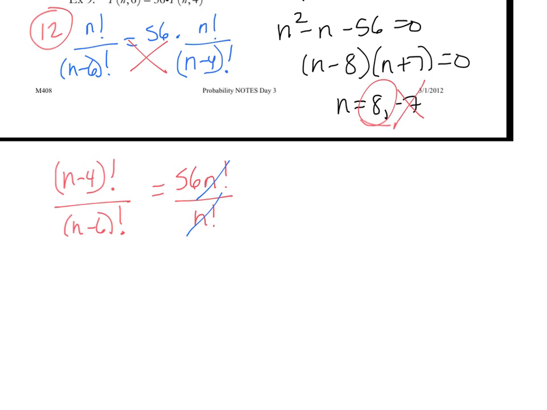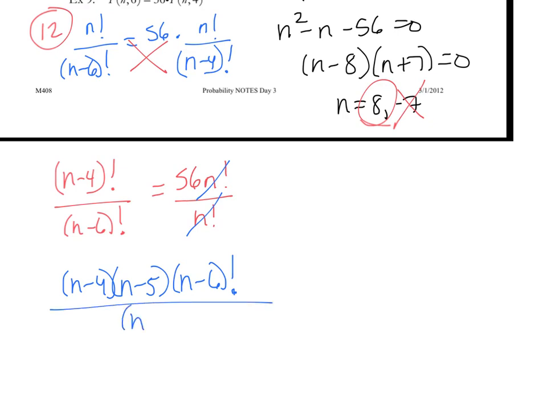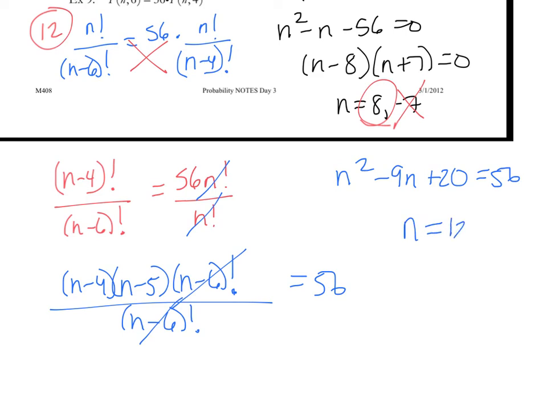Now, if you think about it, which one's bigger, n minus 4 or n minus 6? n minus 4 is bigger because n minus 6 has taken away more from n. So I would have (n minus 4)(n minus 5)(n minus 6), throw on a factorial, over (n minus 6) factorial equals 56. These would cross off, and then I have n squared minus 9n plus 20 equals 56. If we finish solving, we end up getting the only answer that works is n equals 12.